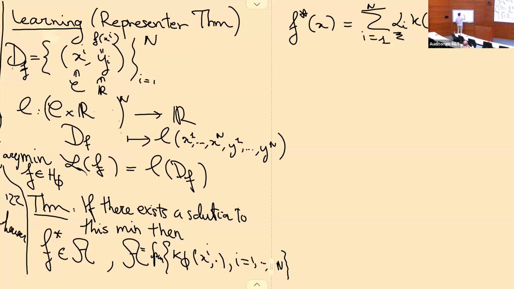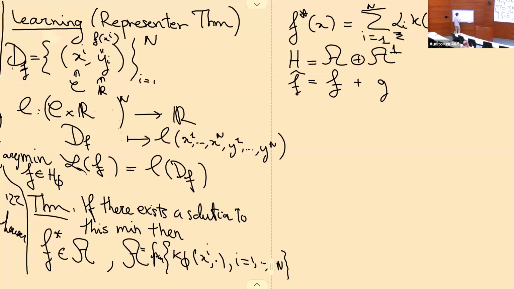You just say the whole space of functions h that you want to optimize over is equal to A plus A perp, the orthogonal complement of A. And so you can decompose any function in the RKHS, f tilde, as a sum of f plus g, where f belongs to A and g belongs to A perp.